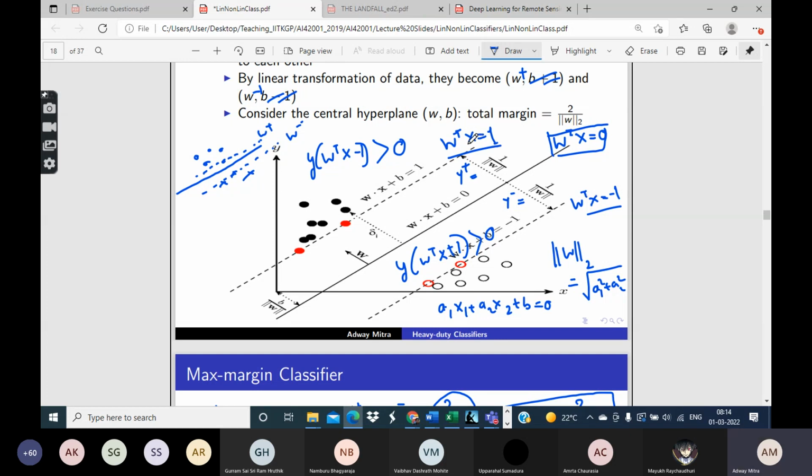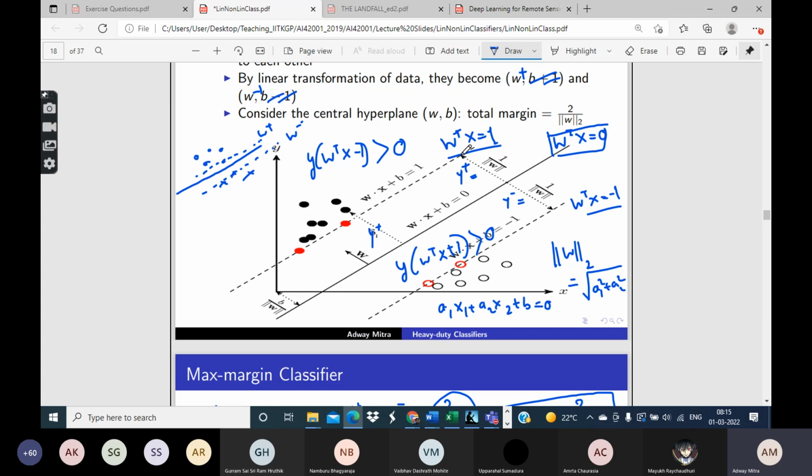So now we are talking about the margin. One margin is this gamma plus, and the other margin here is this gamma minus. Here you can see we have two parallel lines. One of them is W transpose X equal to 0. The other one is W transpose X equal to 1.